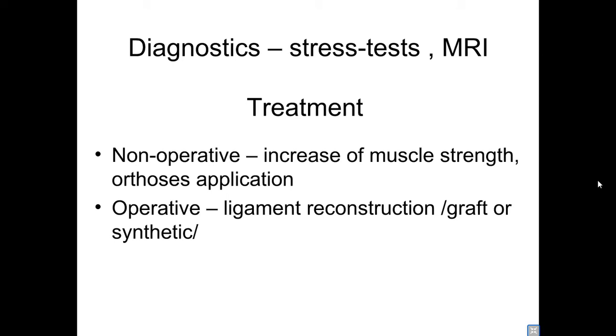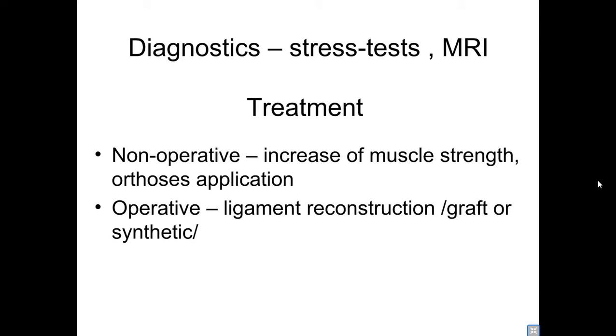When we decide to operate on one ligament, first, in the acute phase, we have to suture the torn ligament. In the chronic phase, the ligament could not be sutured. Complete tear usually leads to absorption of both parts of the ligament. And if we open the region after 1 month, we will not find anything to suture in this area.